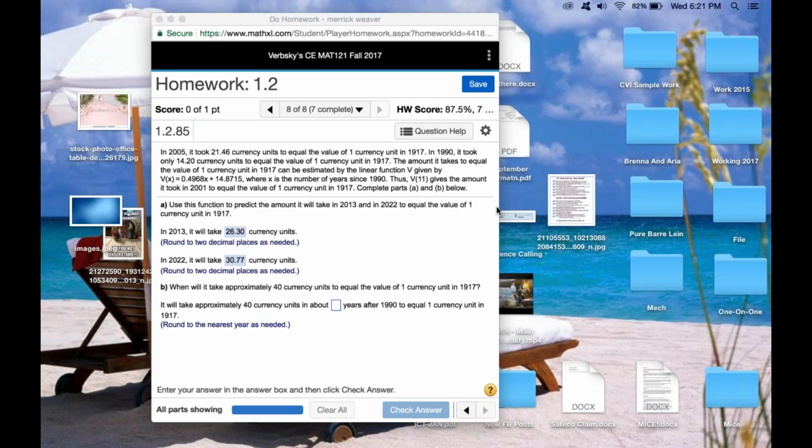Thus, V of 11 gives the amount it took in 2001 to equal 1 currency unit. This number is going up, so we need to set it equal to 40 in our equation. It wants to know when it's going to be equal to 40 currency units. In 2013, it was equal to 26.3 currency units. In 2022, it's equal to 30.77 currency units.